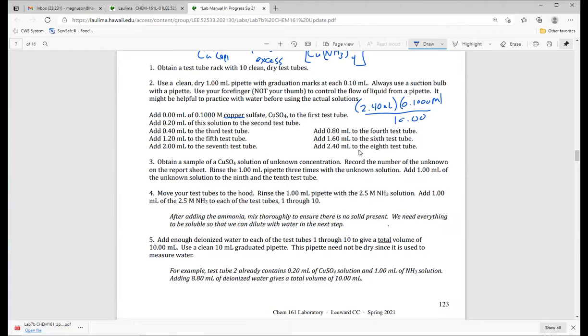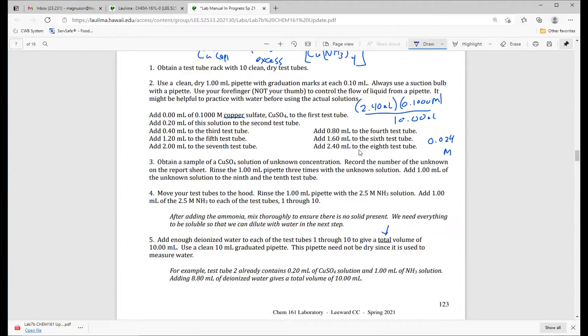The milliliters cancel, so we have 2.4 times 0.1 divided by 10 equals 0.024. Oh, it's supposed to be a 4. Molar, right? So we're going from 0 to 0.024.